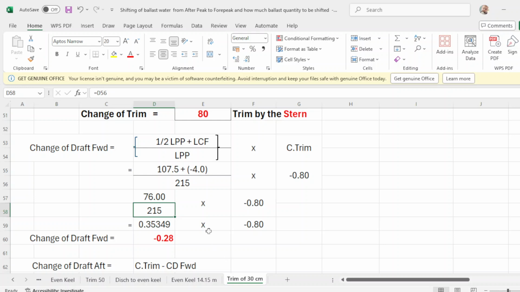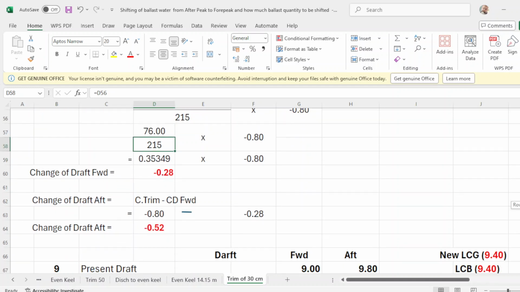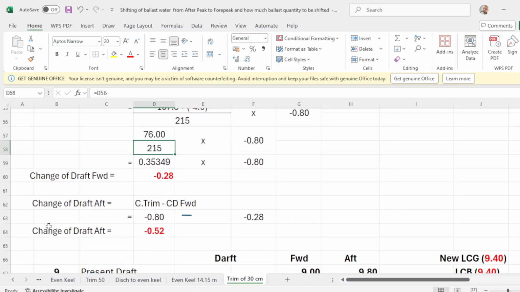76 over your LPP times change of trim of 80 centimeters. So that will be your change of drop forward, negative 0.28. Okay. And to get the change of drop aft is your change of trim, which is negative 0.80, minus your change of drop forward, which is this one.